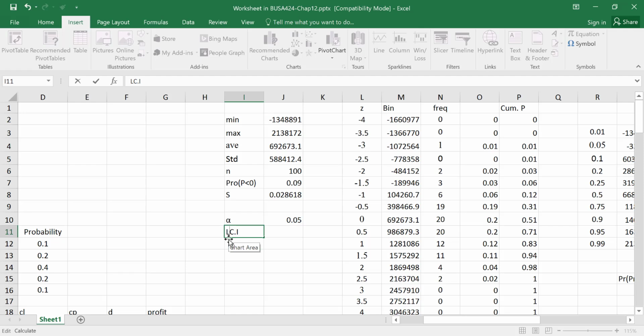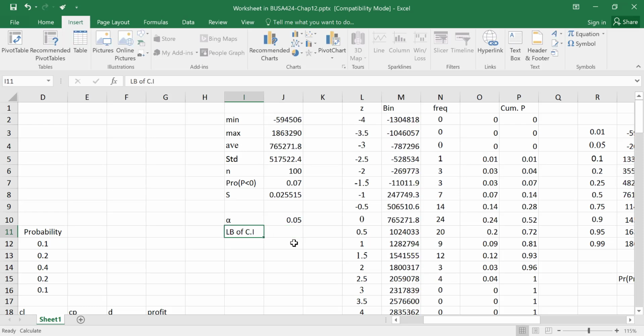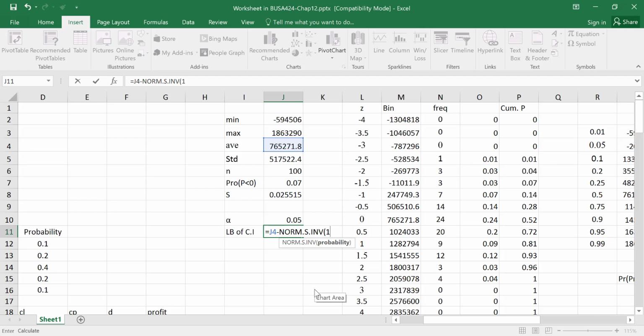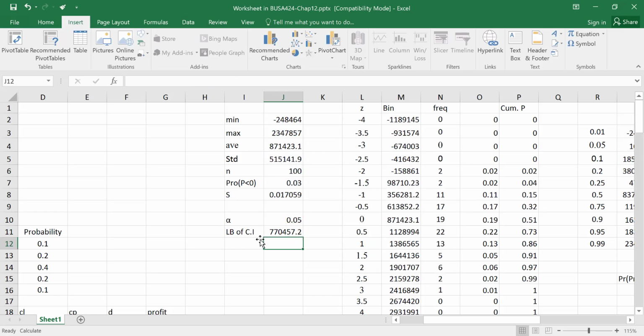So the lower bound of the confidence interval of the mean is the mean, which we have here, minus the normal standard deviation inverse of 1 minus alpha divided by 2, then multiplied by the standard deviation divided by the square root of n, which is the number of trials that we have. So this is the lower bound.